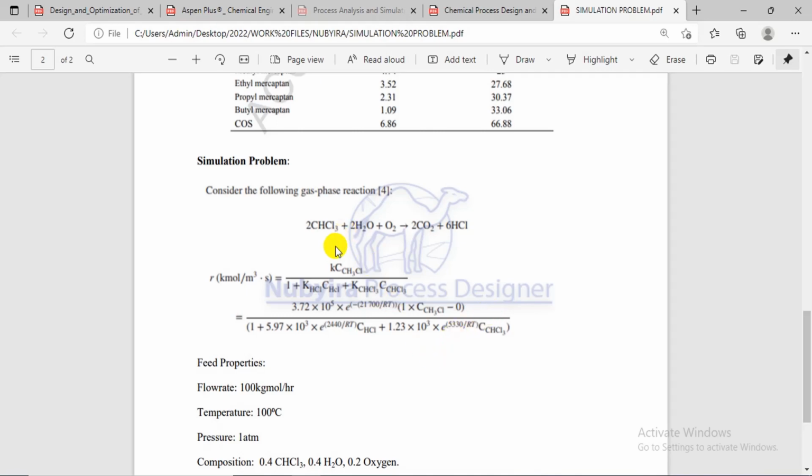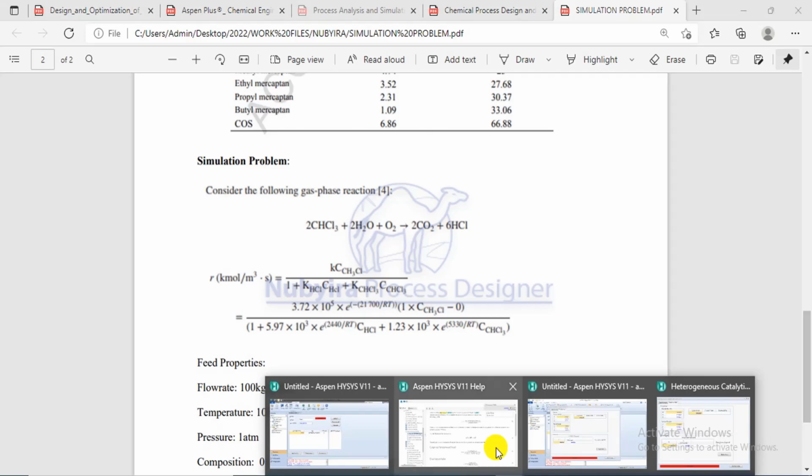This C represents the molar concentration of the components involved. So in this case, our basis unit wouldn't be partial pressure; instead, it will be molar concentration. You have to look out for all these things while you are trying to use this model effectively. So let's go to the simulation environment. This is the particular one we'll be simulating now.